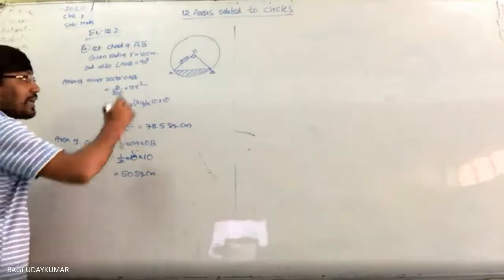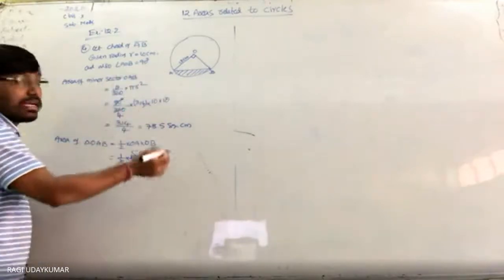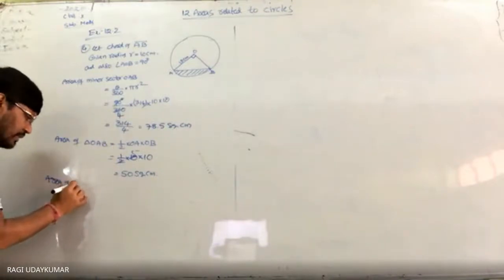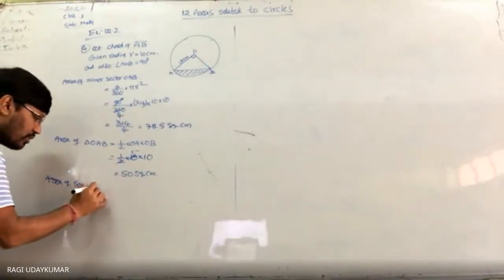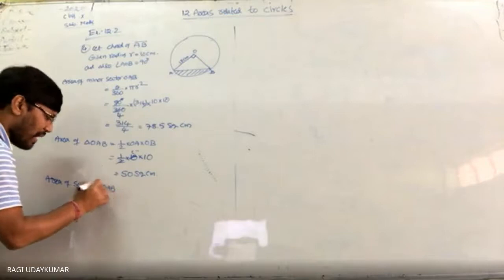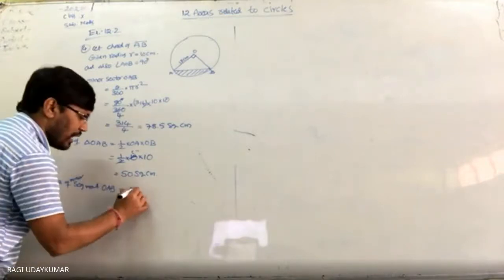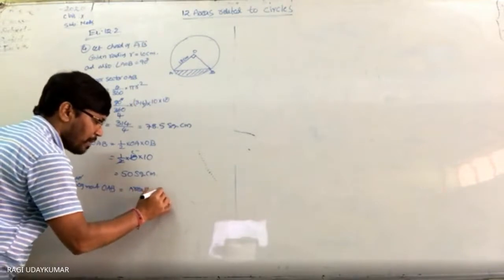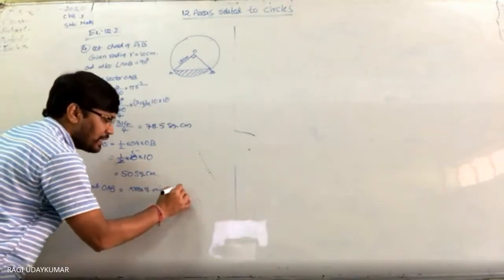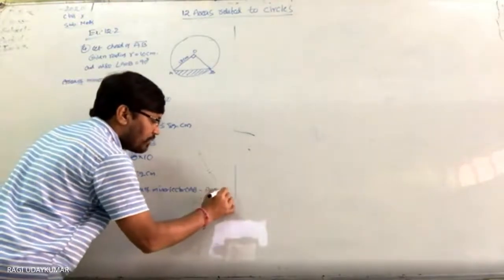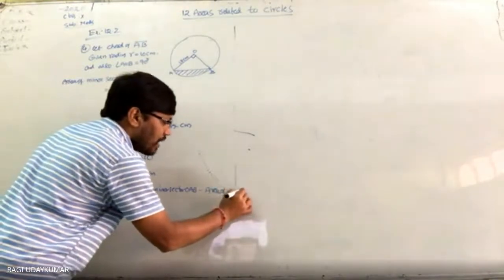So now the corresponding segment is being asked. So area of segment OAB, minor segment, is equal to area of minor sector OAB minus area of triangle OAB.